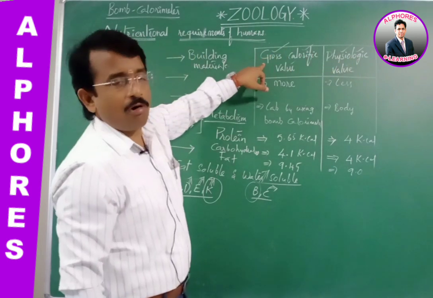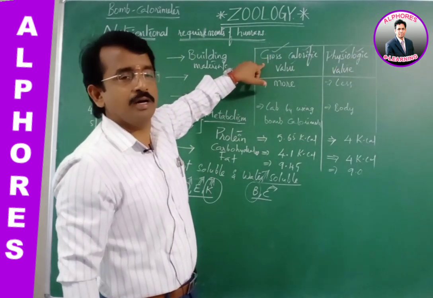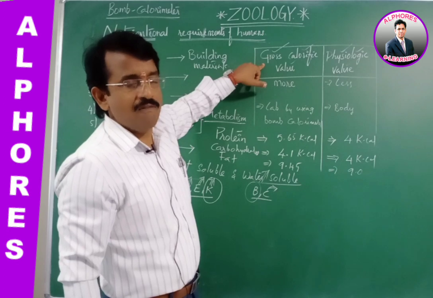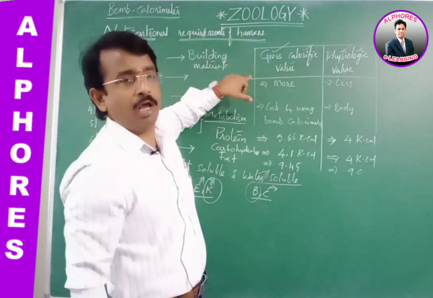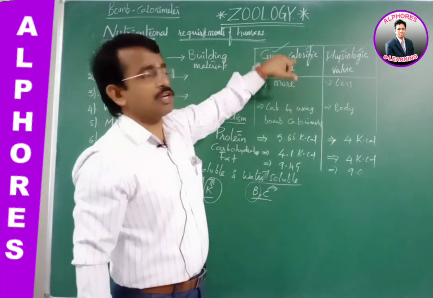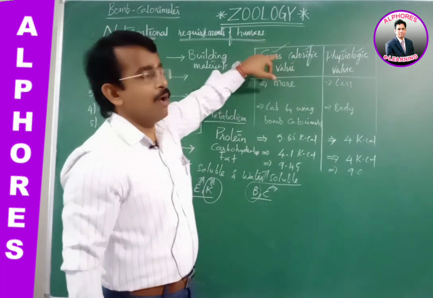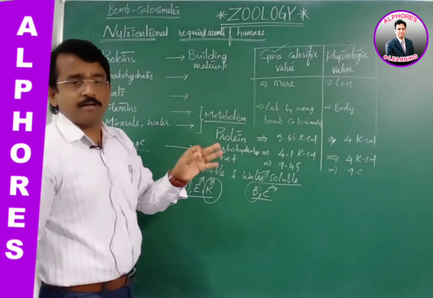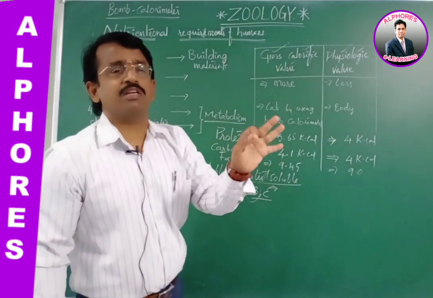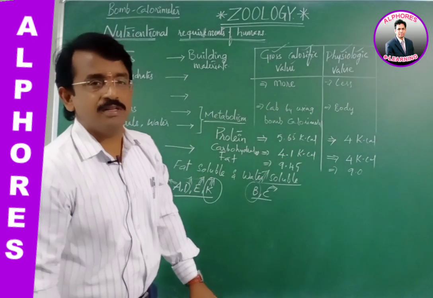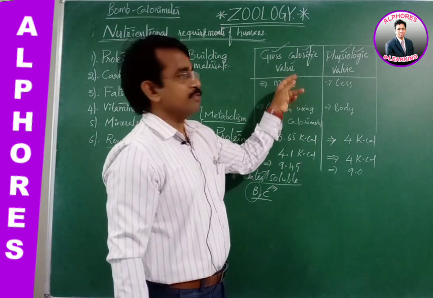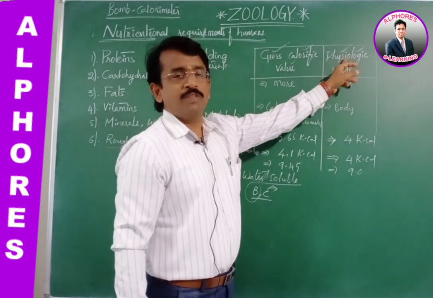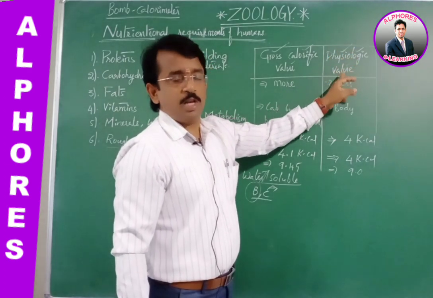The amount of heat produced on combustion of 1 gram of carbohydrates, protein, fat by using bomb calorimeter in the lab is the gross calorific value. Bomb calorimeter is a metallic chamber that is filled with oxygen. Gross calorific value is more than the physiologic value.